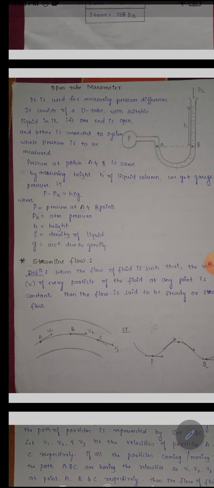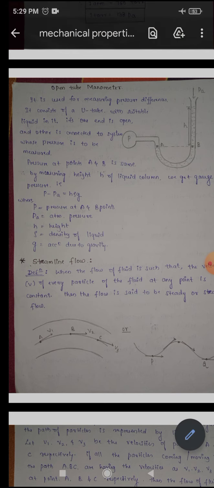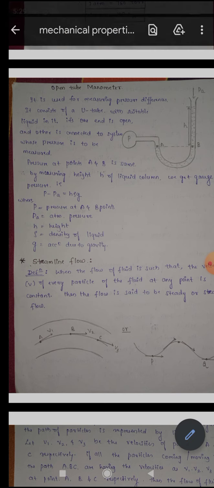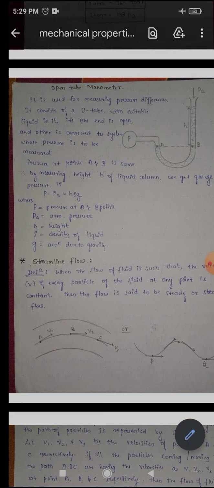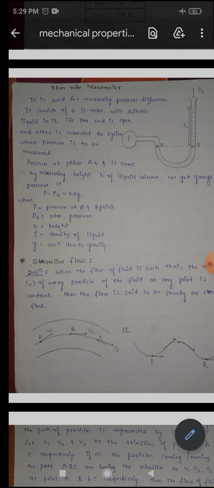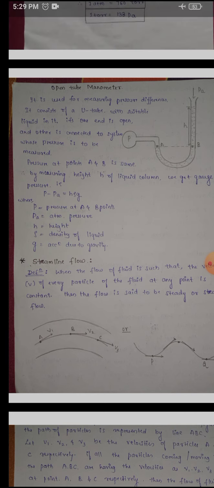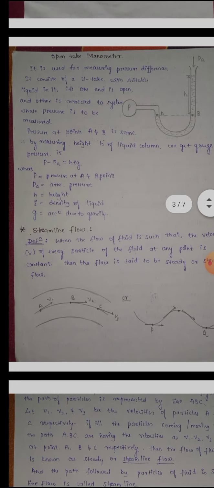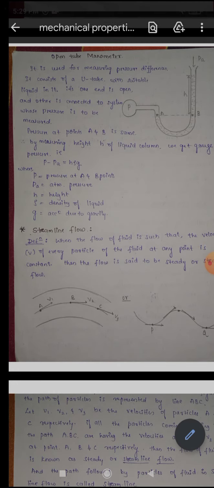See, its one end is open and the other end of this U tube is connected to the system whose pressure is to be measured. Here in the diagram, this is referred to as P. This is the system whose pressure we are going to measure. One end of this U tube is connected to this system.